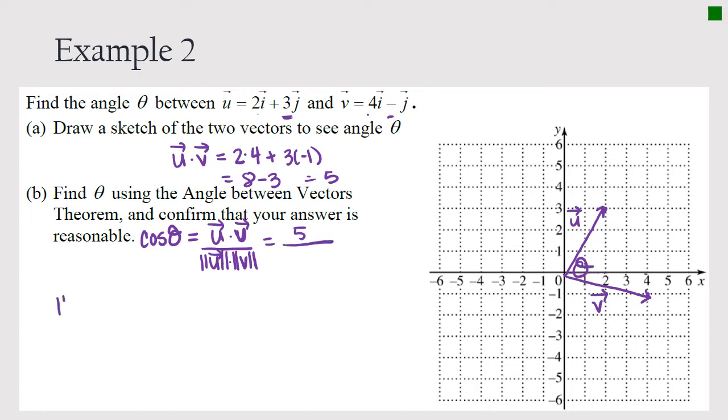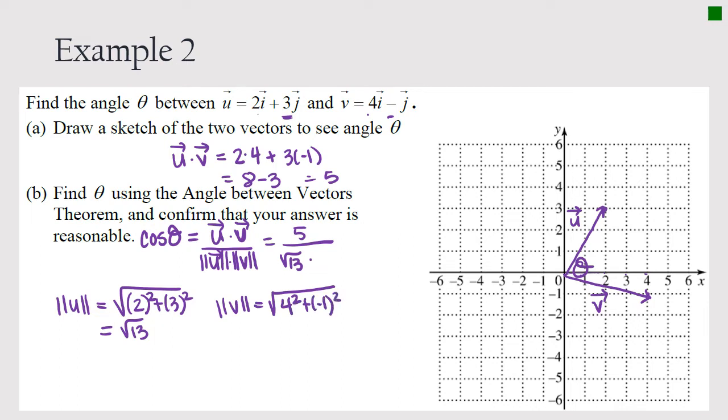Now for the magnitude: the magnitude of u comes from taking the square root of the horizontal component squared plus the vertical component squared, so I get the square root of 13. And the magnitude of v is the square root of 4 squared plus negative 1 squared, which gives me the square root of 17.